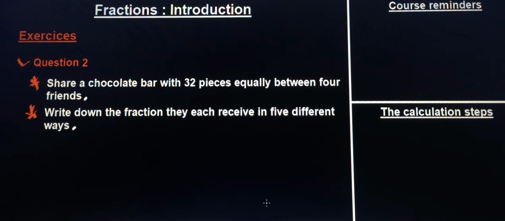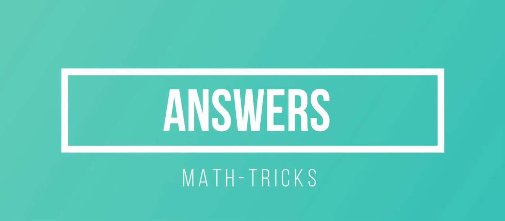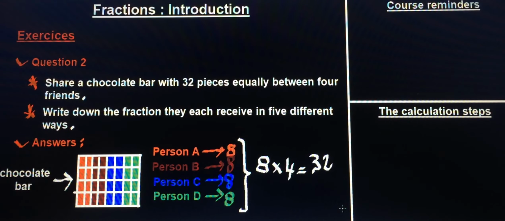Question number 2. Share a chocolate bar with 32 pieces equally between 4 friends. Write down the fraction they each receive in 5 different ways. For the answer, as shown on the diagram, each person will get 8 pieces of chocolate.